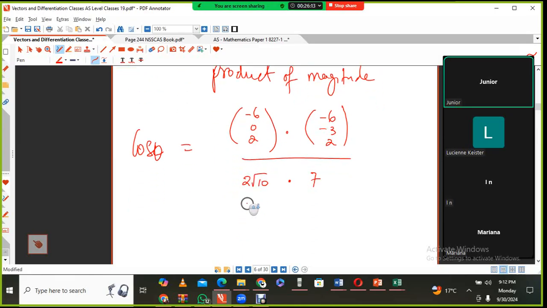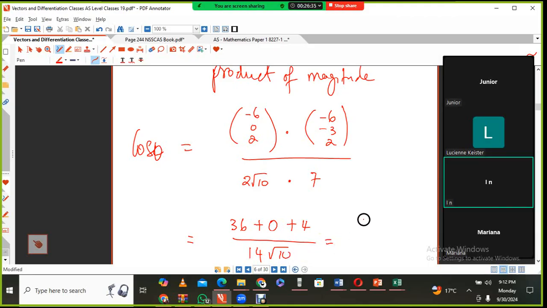On top, 6 times negative 6 is 36, 0 times negative 3 is 0, plus 4, gives 40. Below, 2 root 10 times 7 is 14 root 10. So cos theta is 40 over 14 root 10.